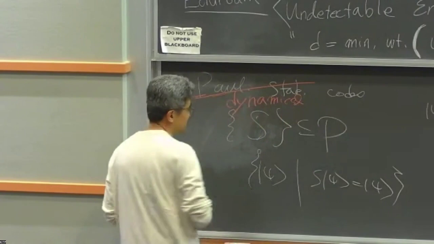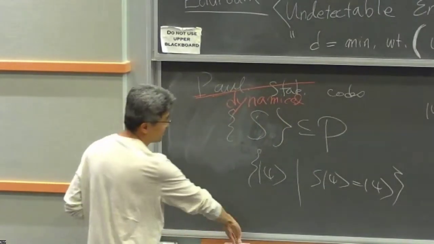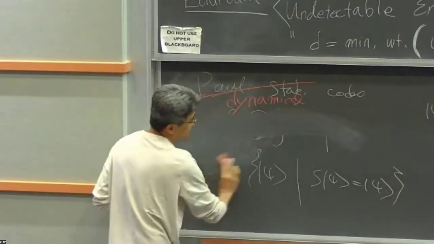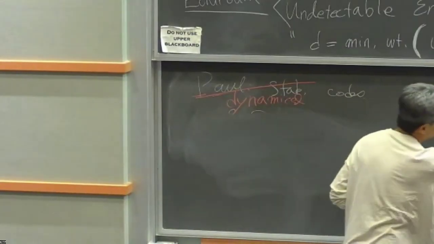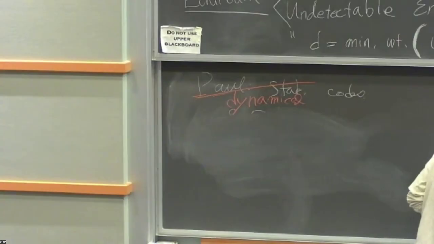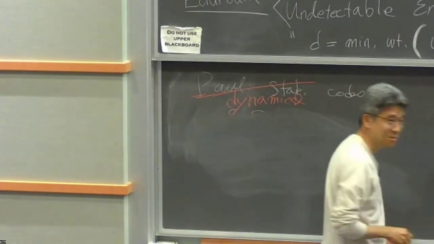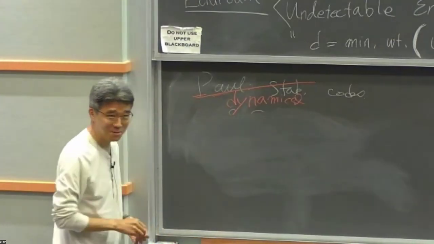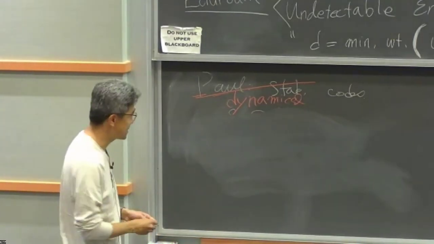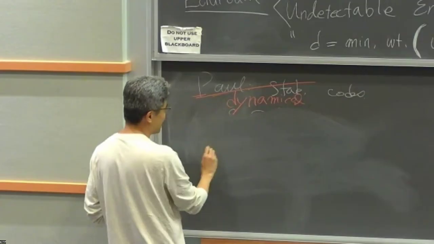So what is a dynamical code? In a sense, a dynamical code is simpler to define. Why? Because I don't get to talk about the subspace anymore. I only get to talk about the definition of dynamics. All the rest is now tossed to yourself how to analyze that. So I start with empty.